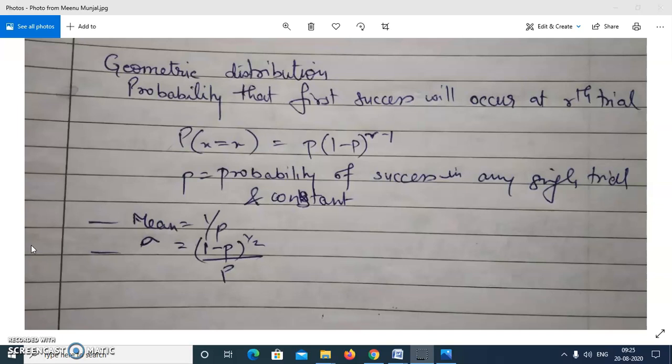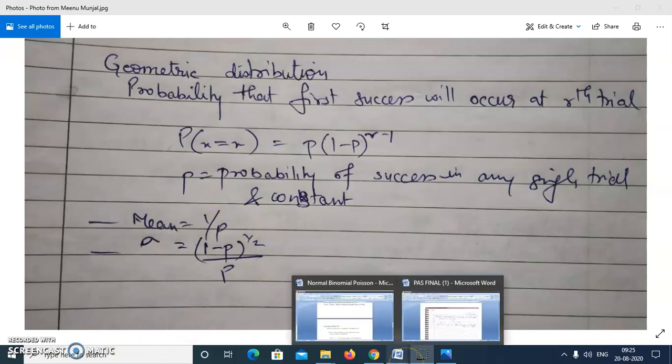Probability of x equal to r, that means the probability that the first success occurs at the rth trial, is equal to p into q to the power r minus 1. That means r minus 1 failures and one last success. In this case, mean is equal to 1 upon p, and sigma is equal to root q upon p. So we'll do the problems related to this, then it will be more clear to all of you.